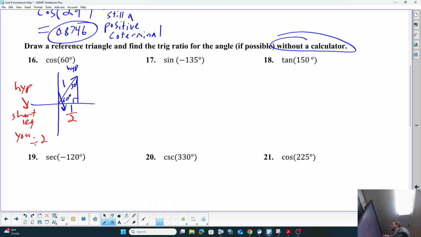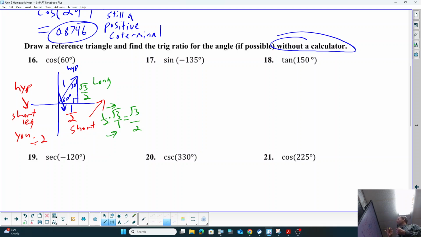And then to go from the short leg to the long leg, you take your 1/2 and times it by radical 3. Short leg to long leg, radical 3 times bigger. Multiply straight across. So we get radical 3 over 2.